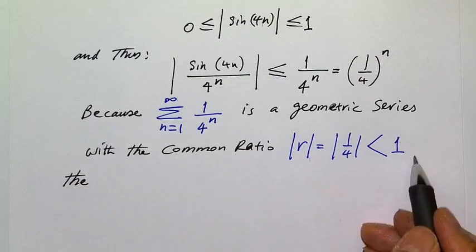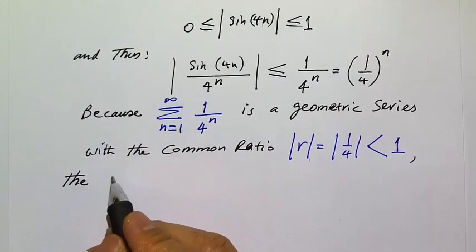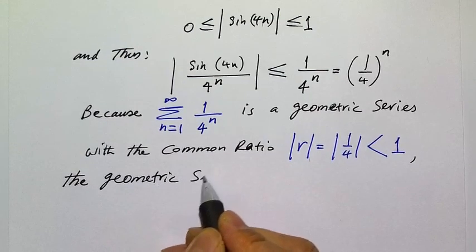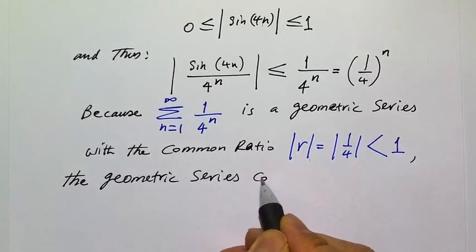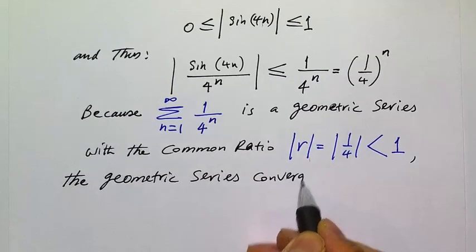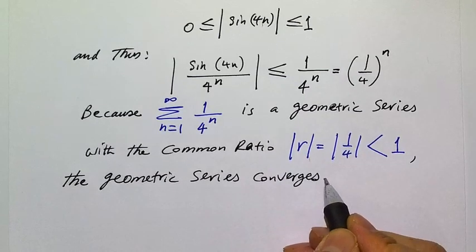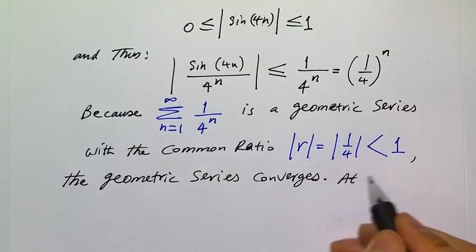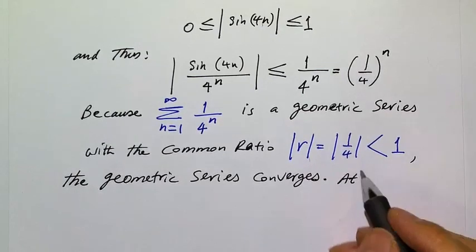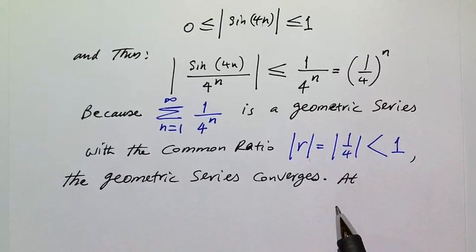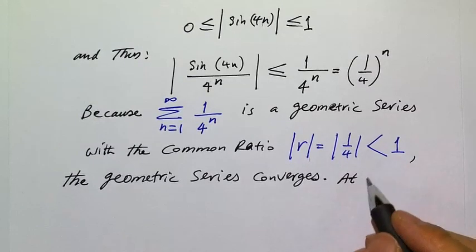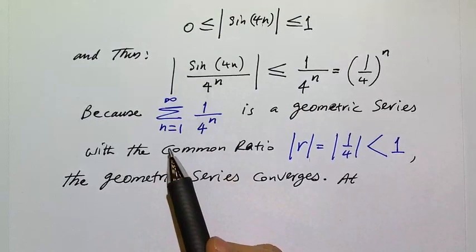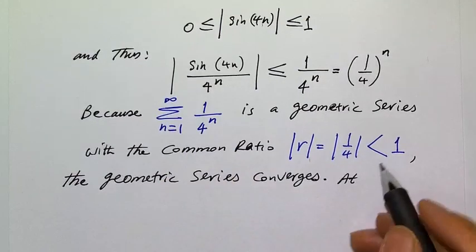Because this is true, the geometric series converges. And at the same time, because we're using the comparison test here, the comparison test is what we use in section 8.3. It's applicable here because we're only looking at positive values of this series.